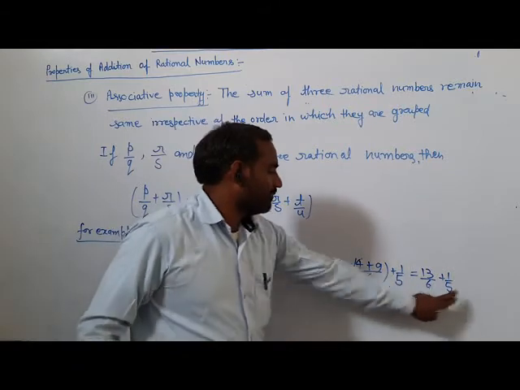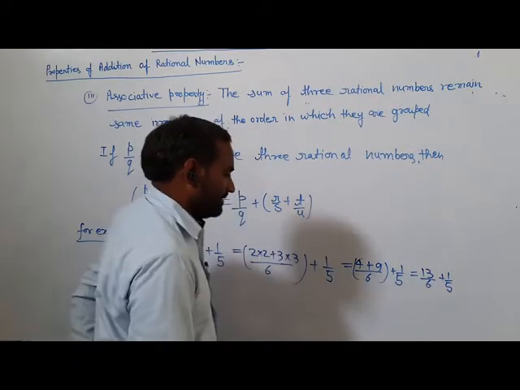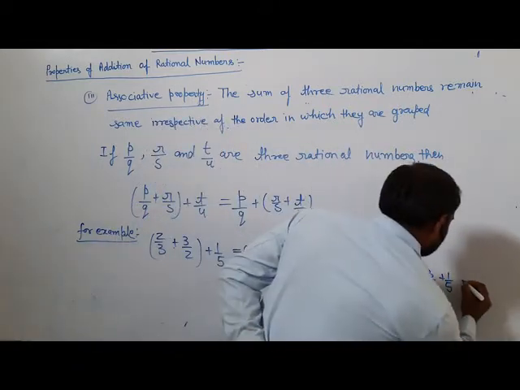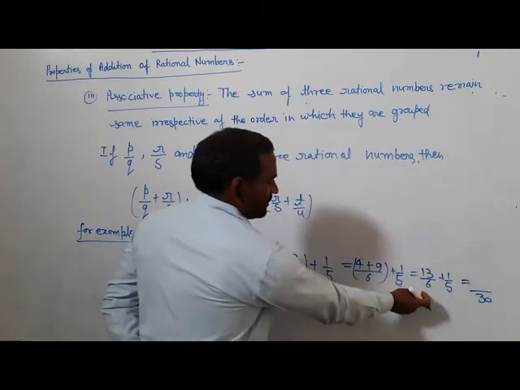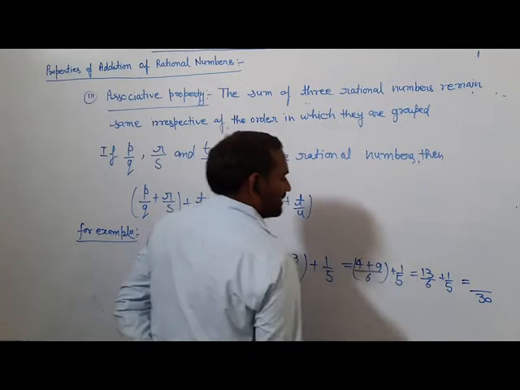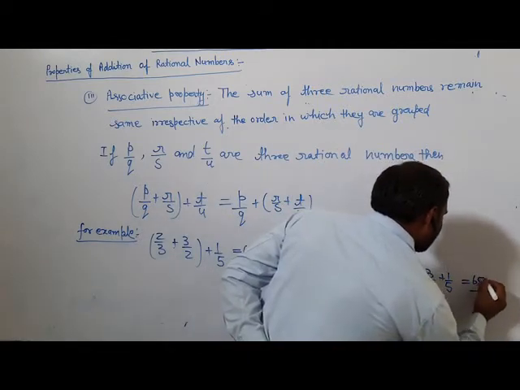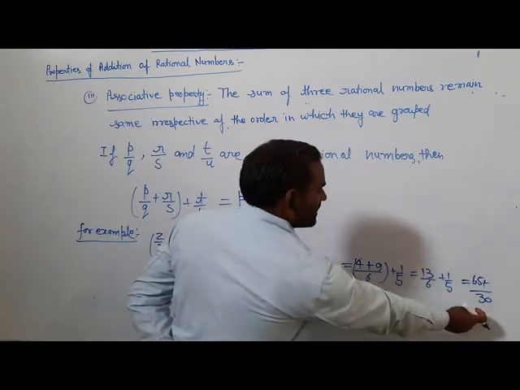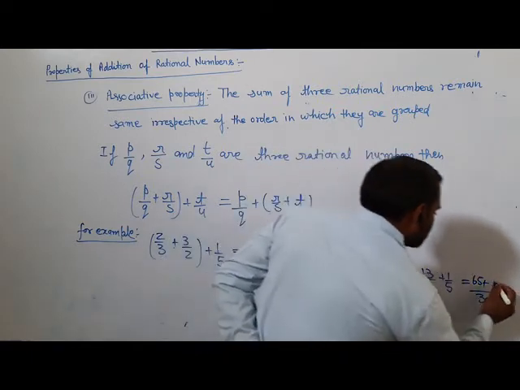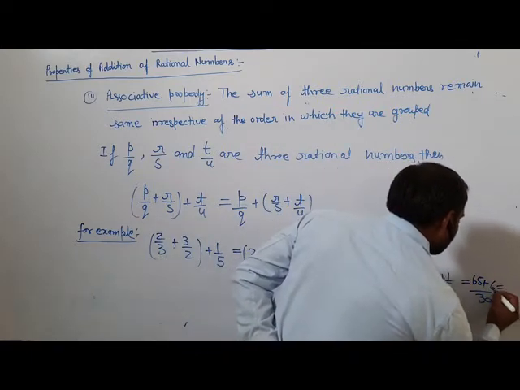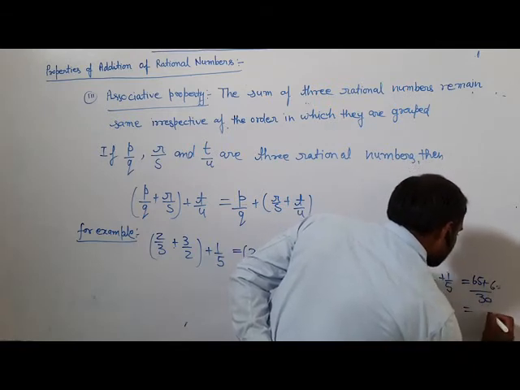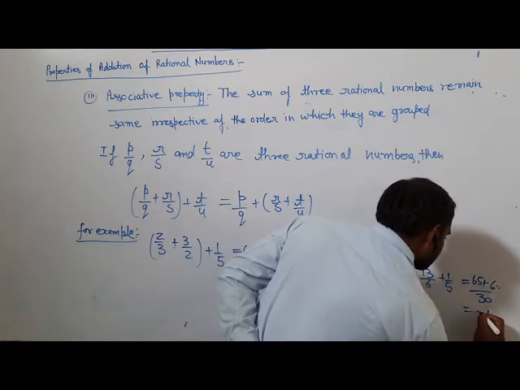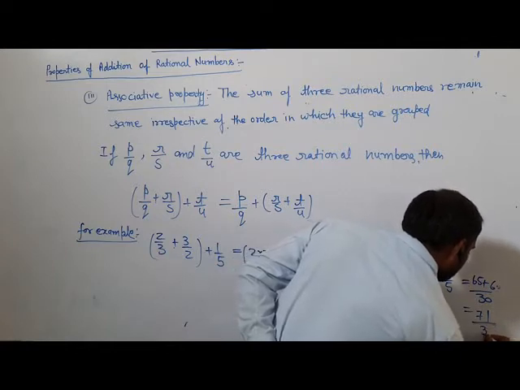Here the LCM of both is 30. 6 fives are 30, plus 5 ones are 5. Answer will be 65 plus 6, 71 by 30.